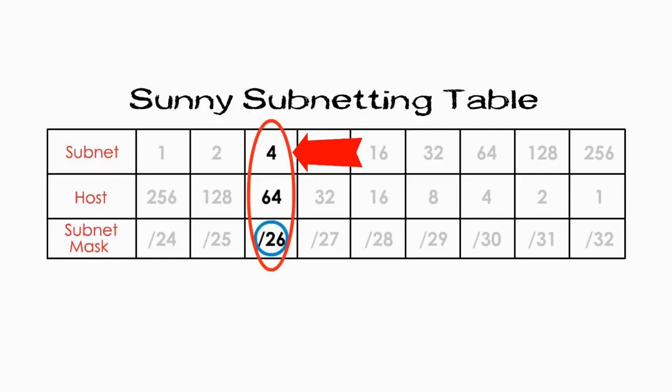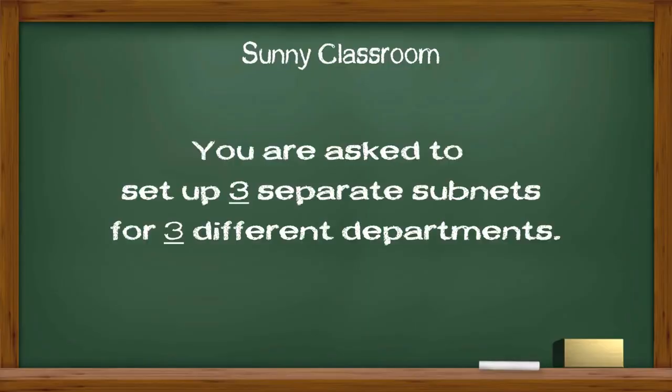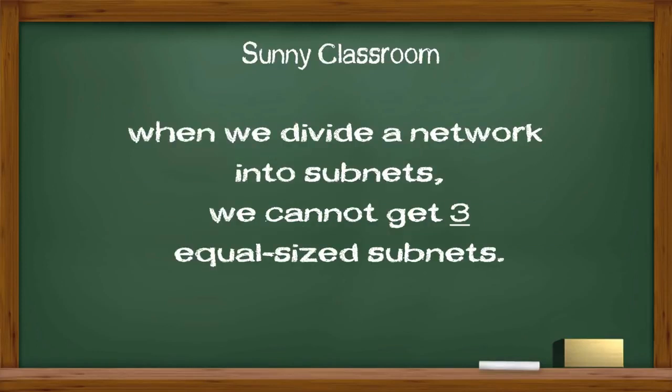Let's revisit our question again. We are required or asked to get 3 smaller separate networks for 3 different departments. So 3 is the key word. But as we know, when we divide a network into subnets, we cannot get 3 even-sized subnets.